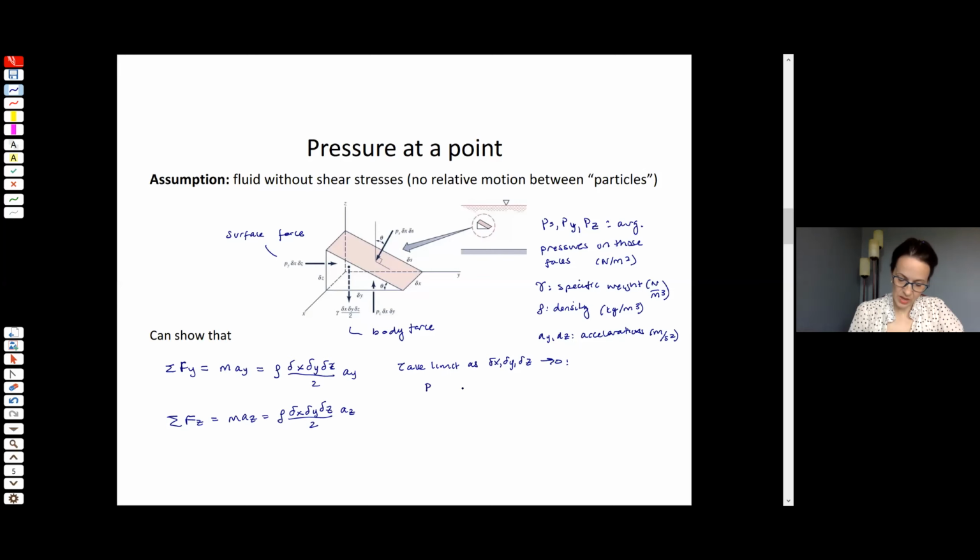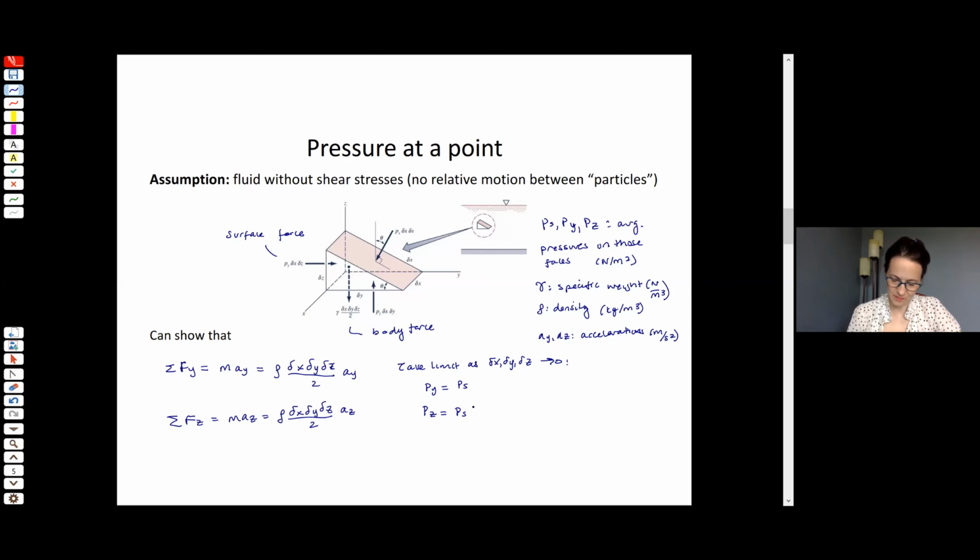We can show that the pressure that develops on the y face is the same as the pressure that develops on the sloped face in pink. And we can also show that the pressure that develops on the z face, the net pressure in the z direction, is the same as the pressure that develops on that sloped face.